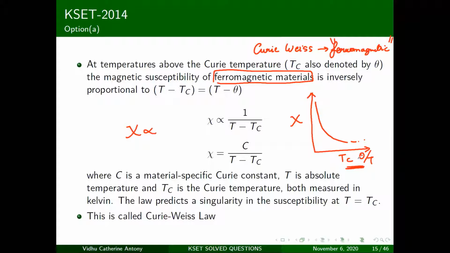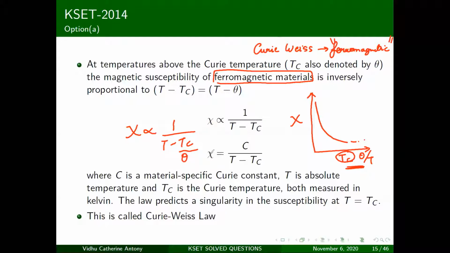Theta and T are the same. So this Tc and theta are the same. Tc, which is your Curie temperature, can also be denoted as theta.